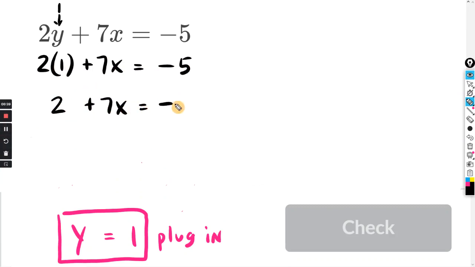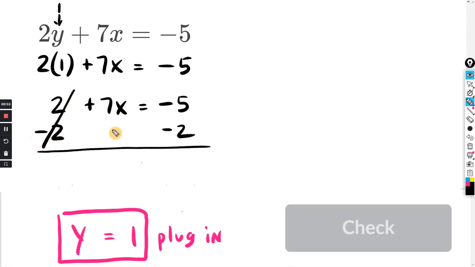equals negative 5. We want letters on one side and numbers on the other. So the opposite of positive 2 is negative 2. I'm going to do that to both sides. 2 minus 2 cancels. Bring down the positive 7x. Bring down the equals. And negative 5 minus 2 is negative 7. Solving for x, the opposite of times 7 is divided by 7.